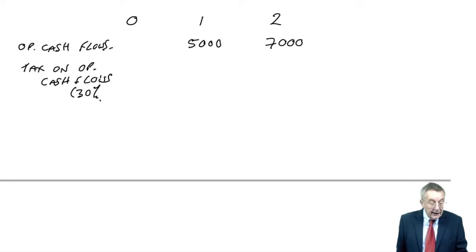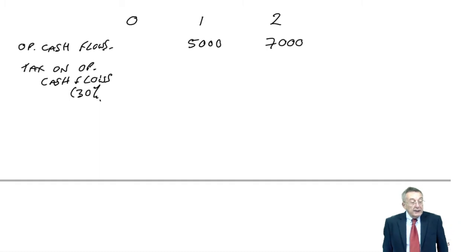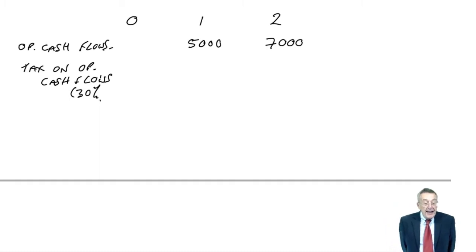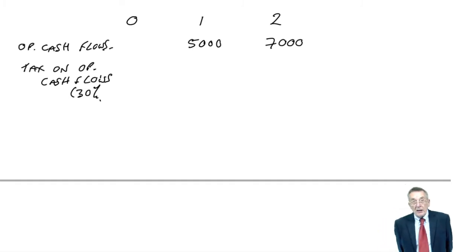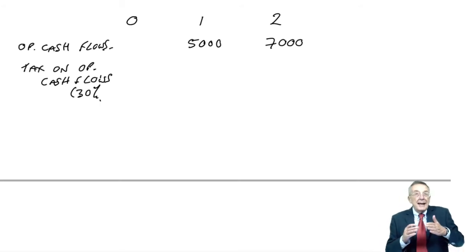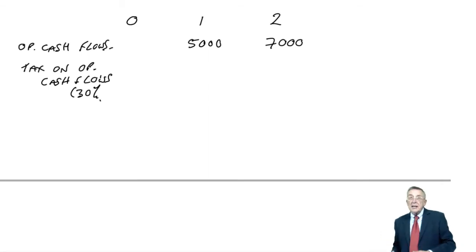However, always read carefully. Here on the same line it says tax is 30%. It's payable 1 year in arrears. And in exams it's always one of 2 things. They either say it's payable immediately or there's a 1-year delay.